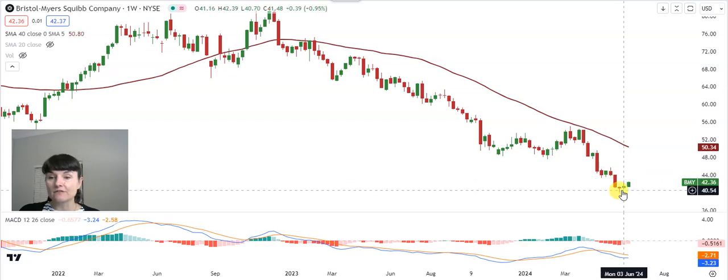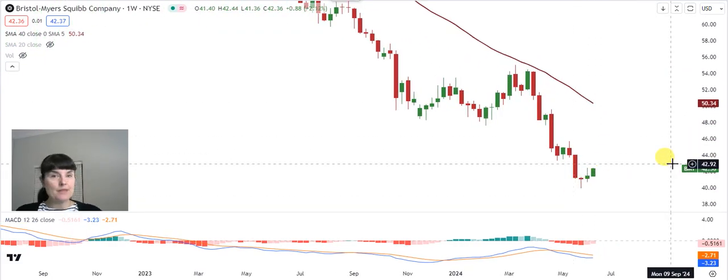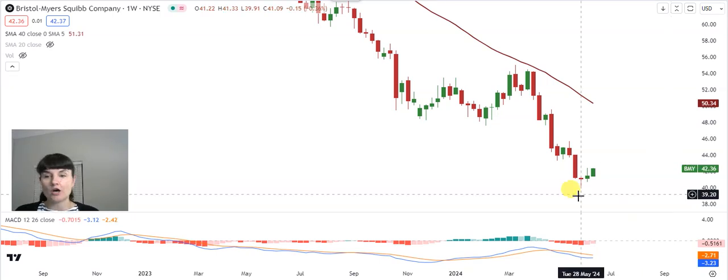But that dragonfly candle is telling me it's a turnaround candle, right? And the positive bullish types of candles that have followed it confirmed the optimism. Strong support is waiting there at $39.91, and that is the critical level of support that needs to remain in place in order to sustain the momentum to the top.